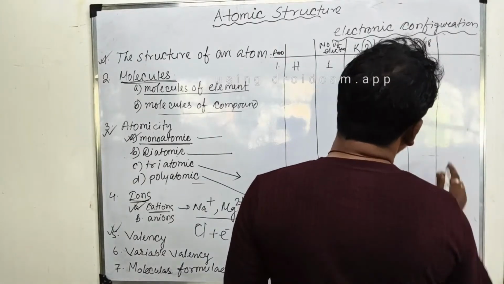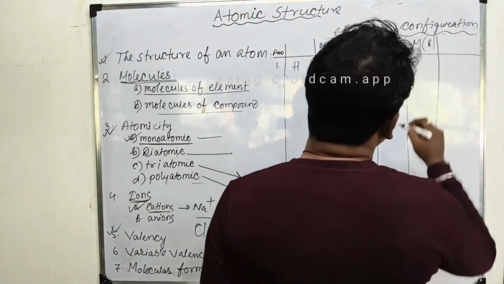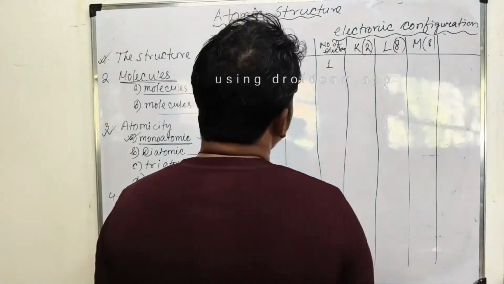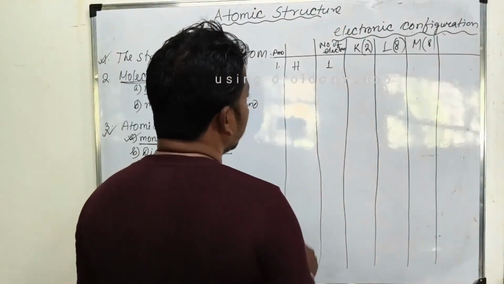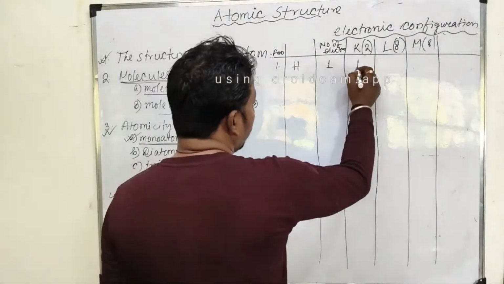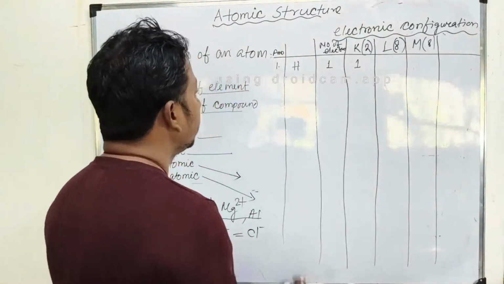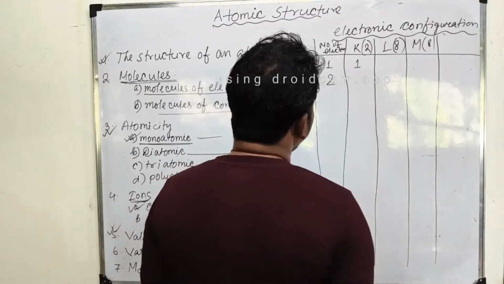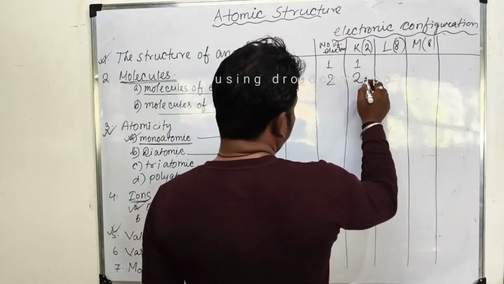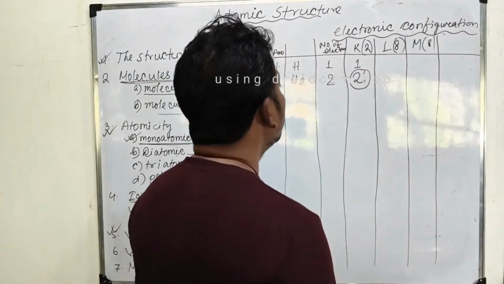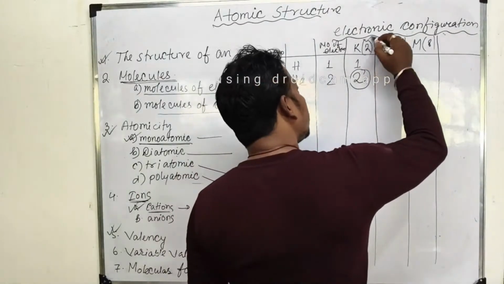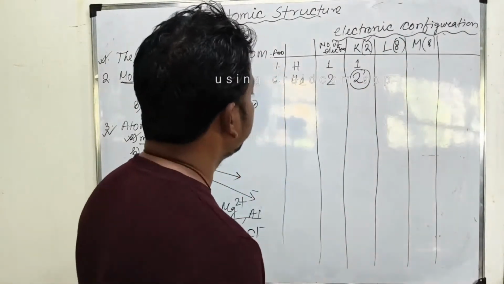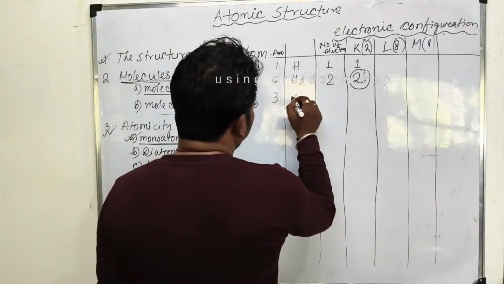But we simply say that the last cell contains only 8 electrons. Clear? So hydrogen has one electron, held in the K cell. Number two, helium. That is two. Inert gas. Its capacity is two, and the cell capacity is also two. That is why it is inert.